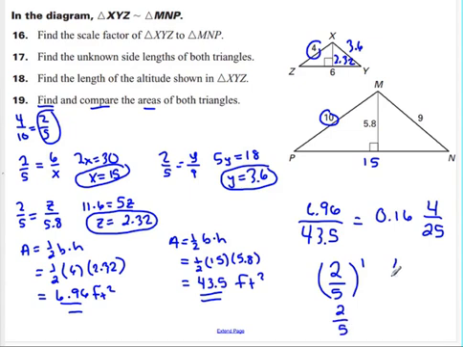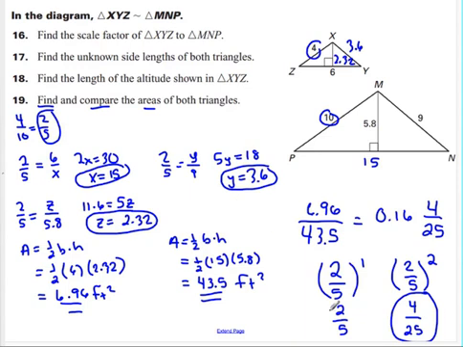But if we take 2/5, and since we're dealing with areas and everything is squared or two-dimensional, when we square that, that's going to be 4/25. So this talks about our ratio of areas is 4/25 as related to our ratio of any length, which is 2/5. It's always going to be a square.